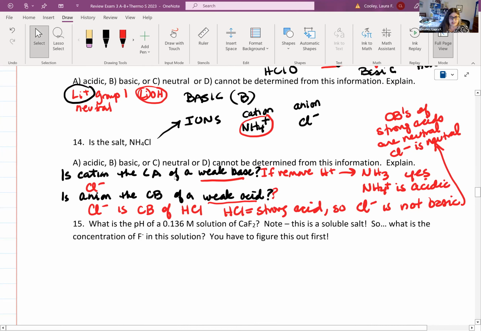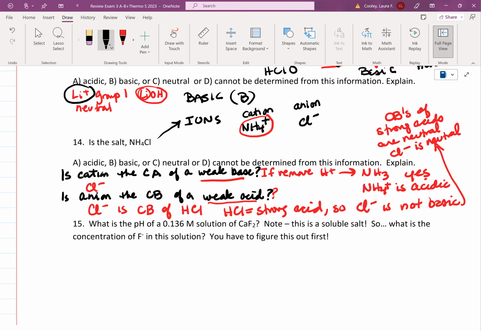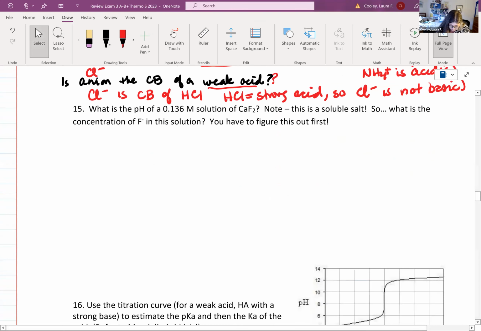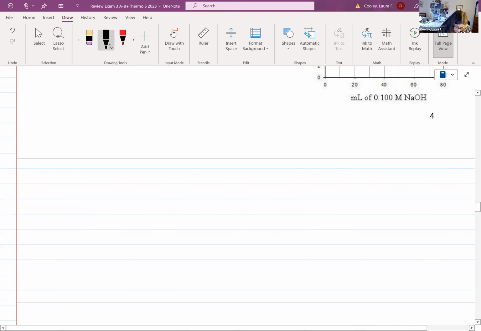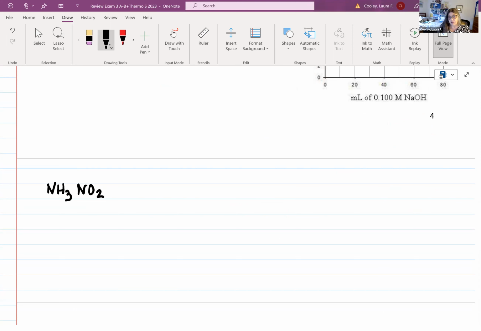Do you get that? That's basically the idea. If I gave you an example, like, let's go down here. If I asked you about this, for example, is this acidic, basic, or neutral?